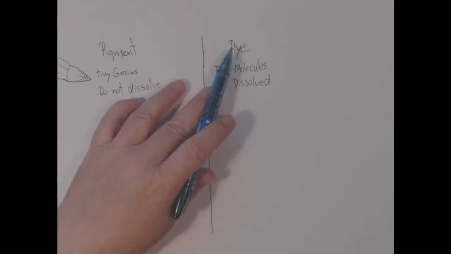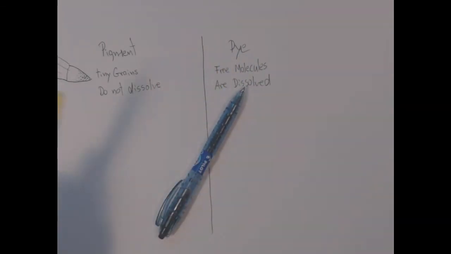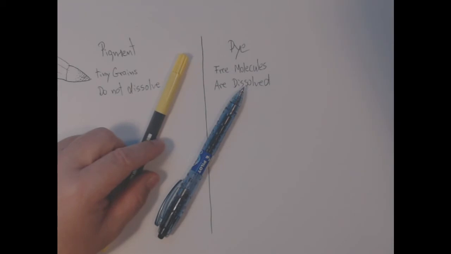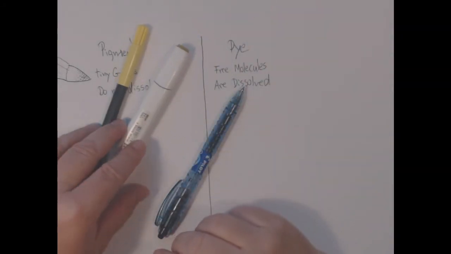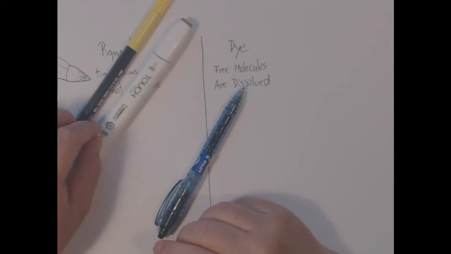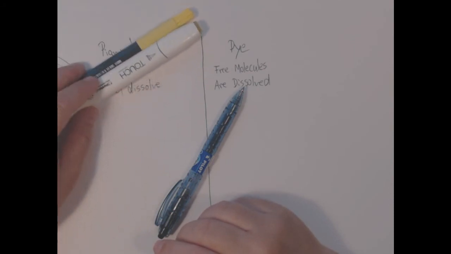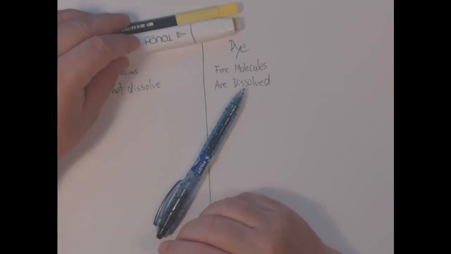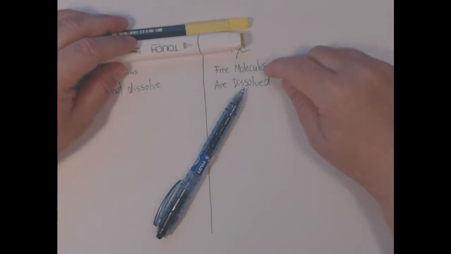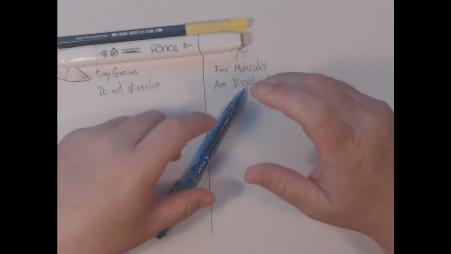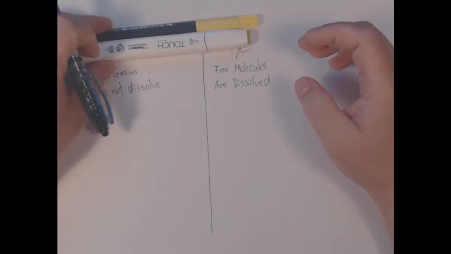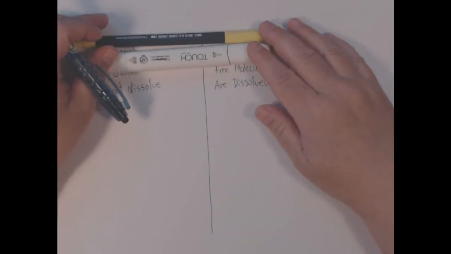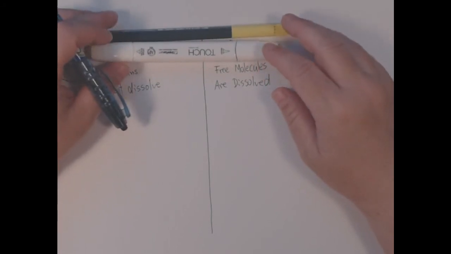Dye we will often find in markers, either watercolor markers or alcohol markers. And it's the same thing. There is no pigment in here. These are free molecules that float around between the molecules of water or the molecules of alcohol. So that's a huge difference.